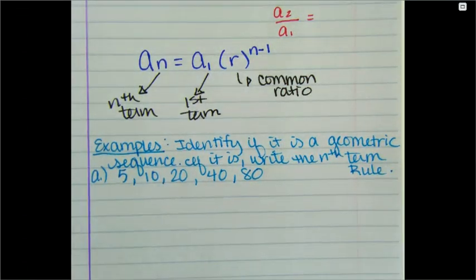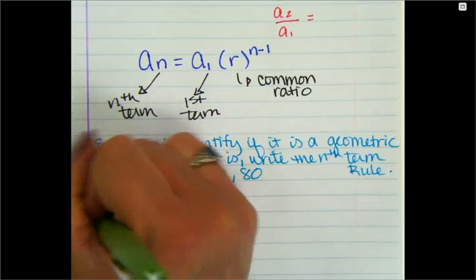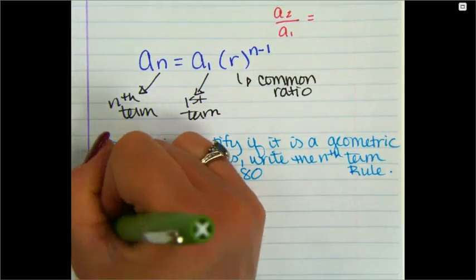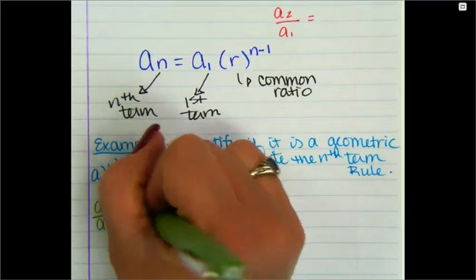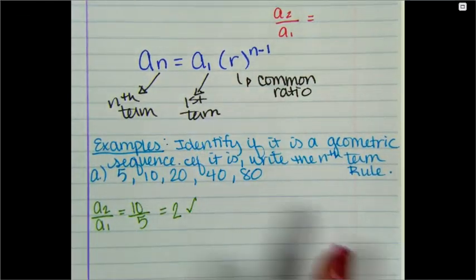If it has a what? Number pattern. How do you find the number pattern? What are we dividing? A sub 2. Which is? Good. Keep going. See if it has a common ratio.